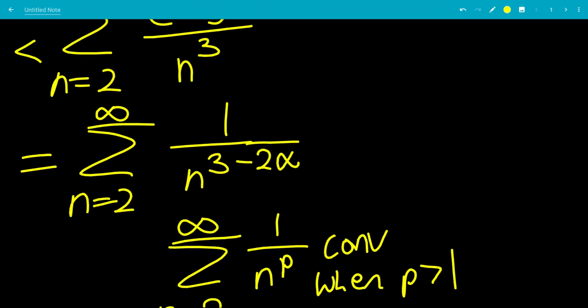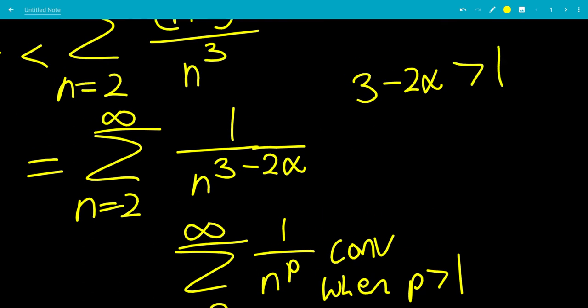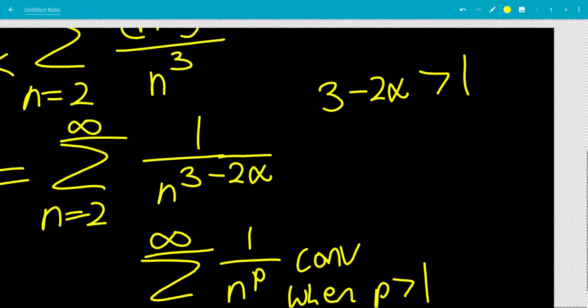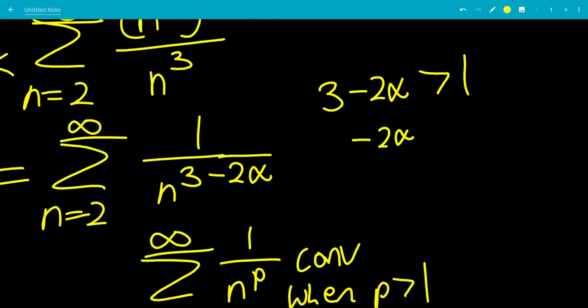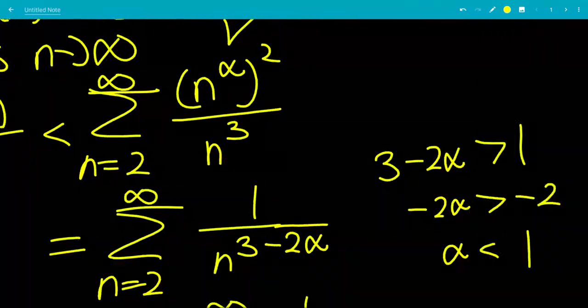That means we must have that 3 minus 2a is bigger than 1, because if it's equal to 1, it will be the harmonic series, and the sum of 1 over n diverges. So minus 2a is bigger than 1 minus 3, which is negative 2. So a is less than 1, because the negative sign flips the inequality, but a is bigger than 0 from the beginning.